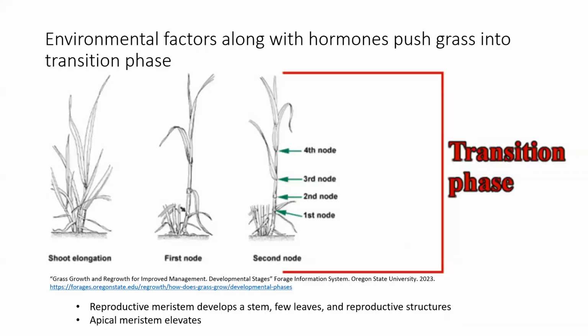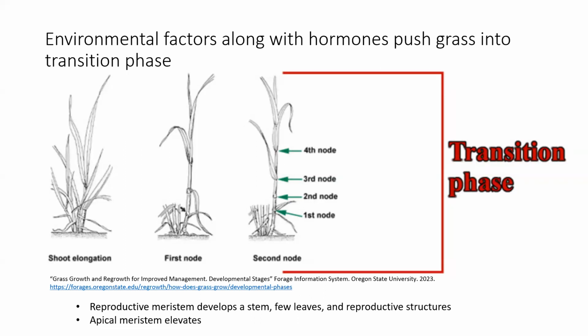Usually it's mostly temperature and day length that are going to push these plants into the transition phase, along with plant hormones. Once it gets pushed into the transition phase, when there's sufficient leaf area, the growing point is converted from a vegetative bud into a reproductive bud, and then it's rapidly going to elongate the leaf sheaths and the culm internodes, or stem internodes.